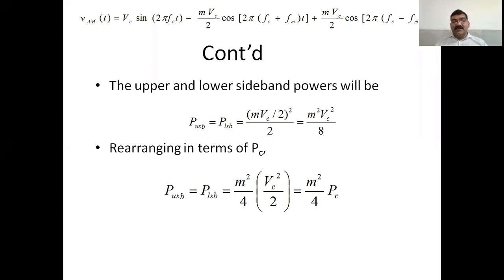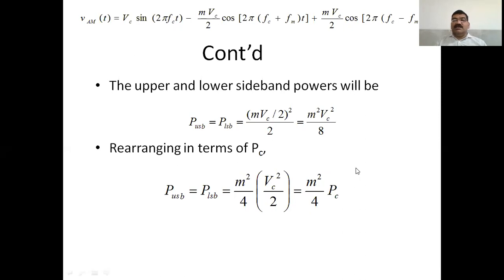So at the max it is 25%, because we are keeping the modulation index less than 1, not more than 1. If more than 1, then it will lose the information. So if m is 1, that is the maximum possible modulation index for fruitful communication. So it will be 25%. You can say that 25% of the power is transmitted. So always it will be less than that. So this is the concept.